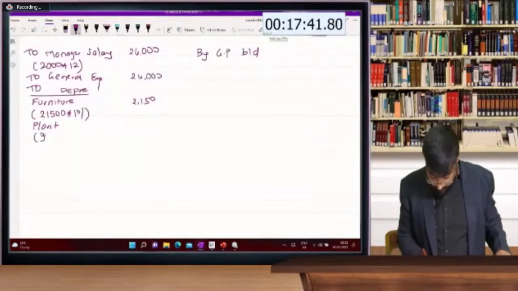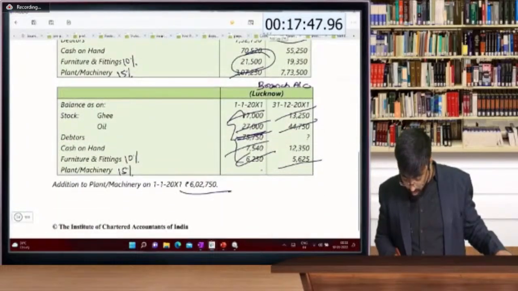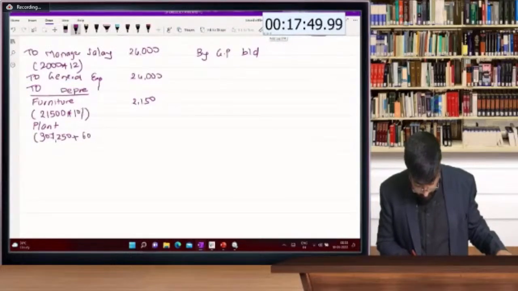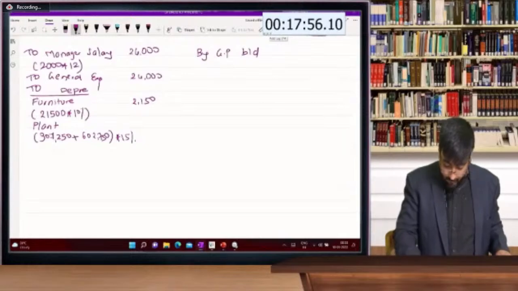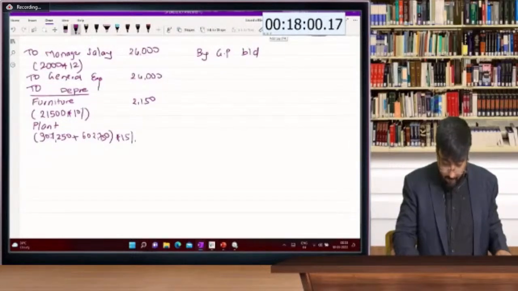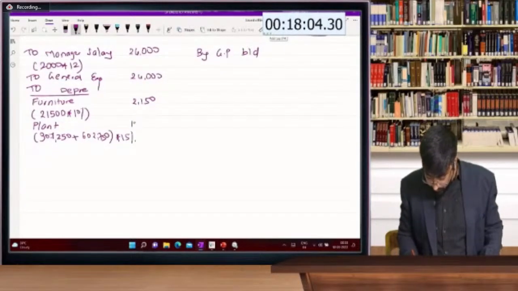307,250 plus addition 602,750 into 15%, 136,500. You can check here.